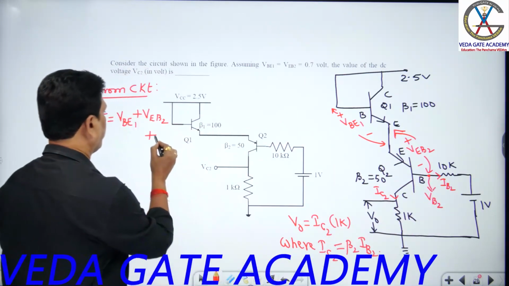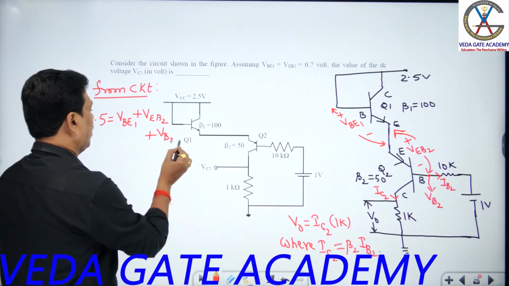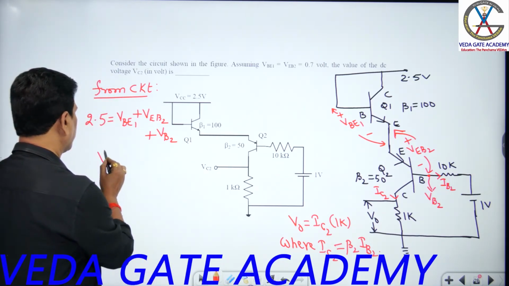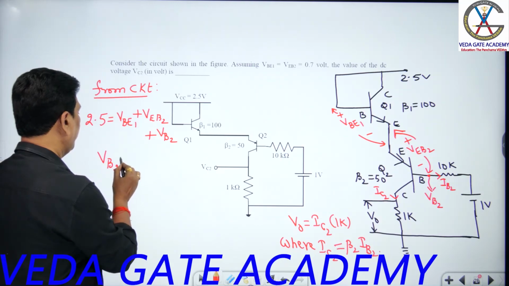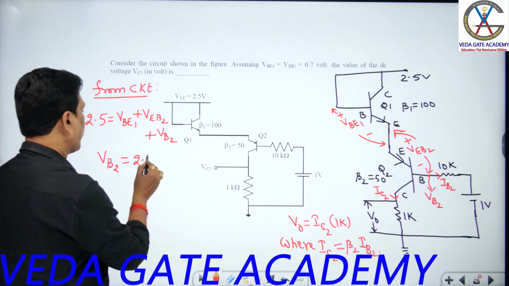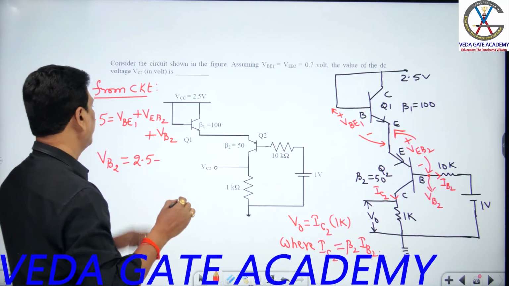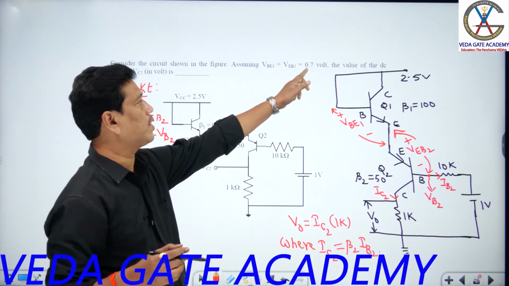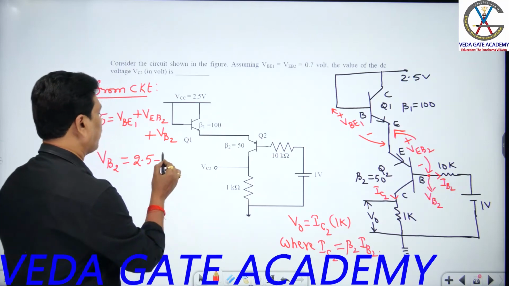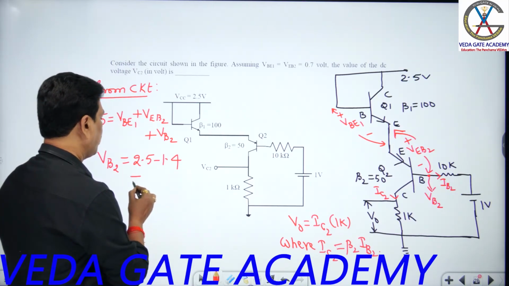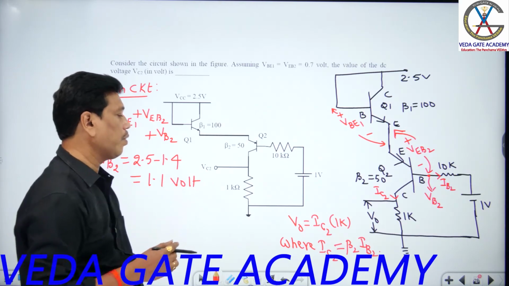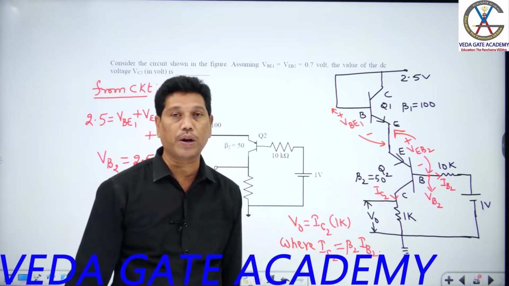So VB2 equals 2.5 minus VBE1 plus VEB2. VBE1 is 0.7, VEB2 is 0.7, 0.7 plus 0.7 is 1.4. So that becomes 1.1 volt. I got VB2, students.